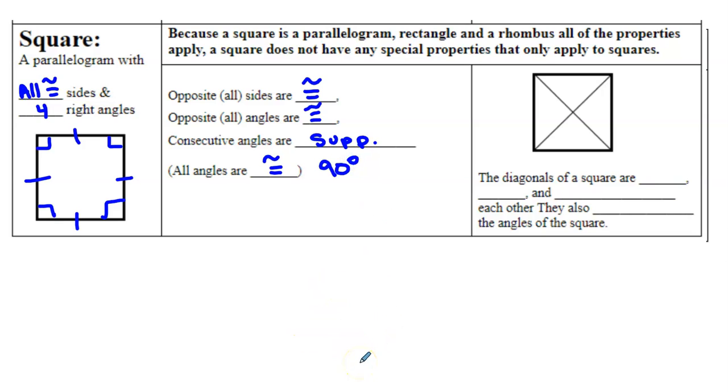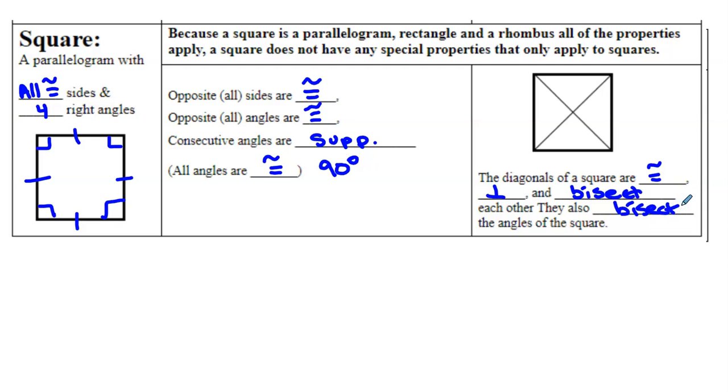Because if they're supplementary and congruent, that must mean that they are both 90 degrees. We already knew that. The diagonals of a square are congruent, they are perpendicular, and they bisect each other. And they also bisect the angles of a square.